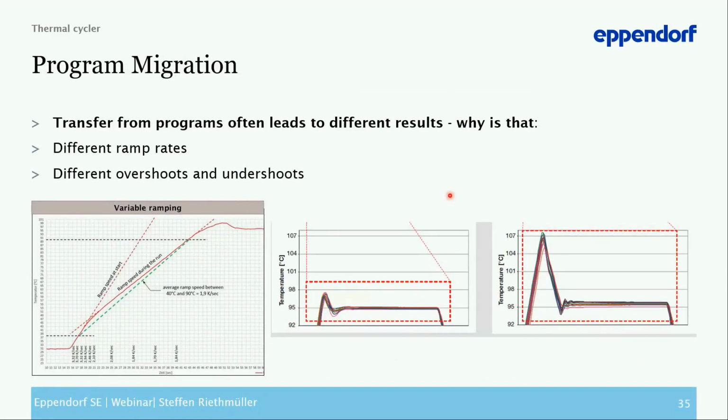And if you would like to transfer a PCR program from one cycler to the other, the different ramp rates and the different overshoots and undershoots of both devices, they could also lead to problems.